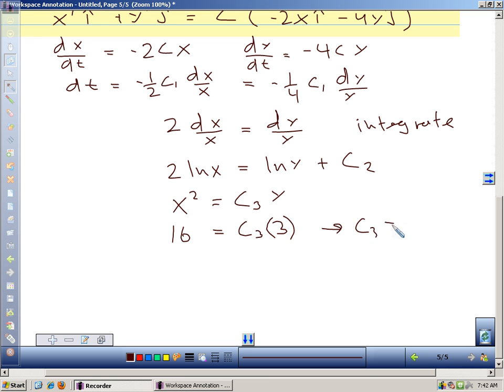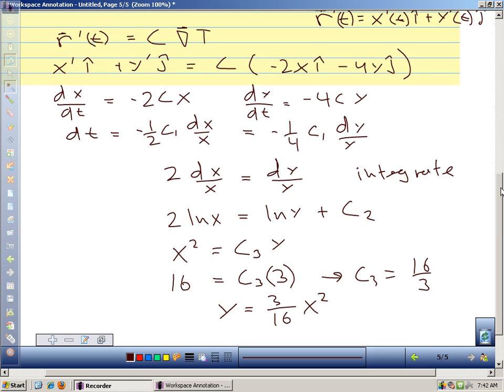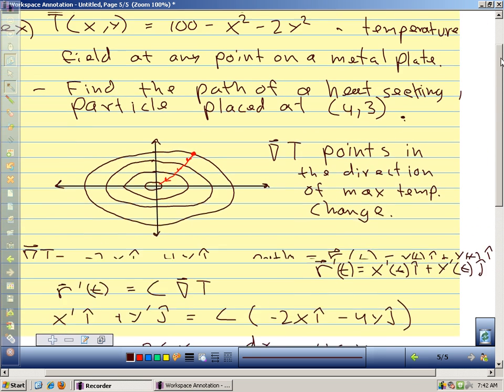So c3 is 16/3. And I can say that y equals 3/16 x squared. And that would be the path of that heat-seeking particle on that plate in this temperature field.